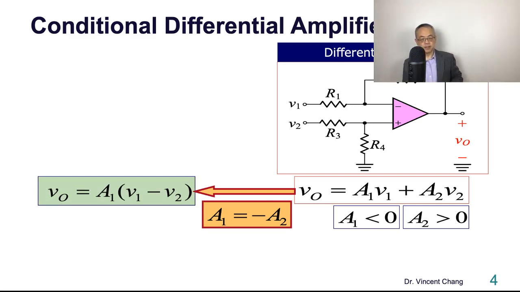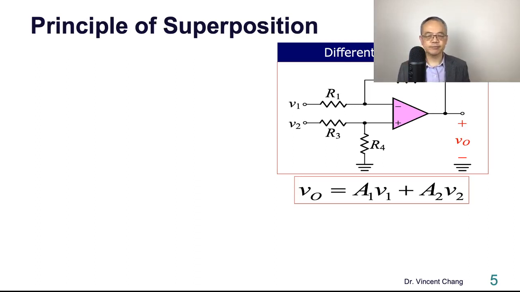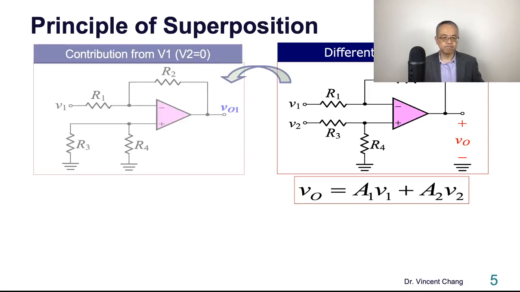All right? So the concept I want you to notice is this. The differential amplifier is conditional. It has to meet a certain condition associated with A1 equals negative A2. The next question is, how are we going to solve this if the relationship is built around the linear combination? Principle of superposition.